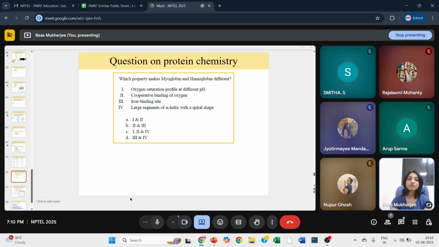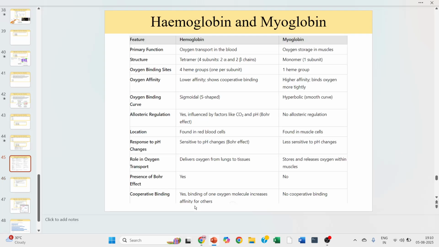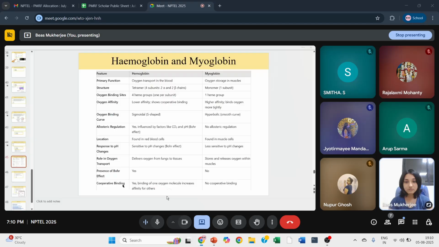So see which are the different things that influence hemoglobin and myoglobin. If you want to have a look at this slide once again, you can actually do that. So let's have a look at this slide once again, and from here you can check.